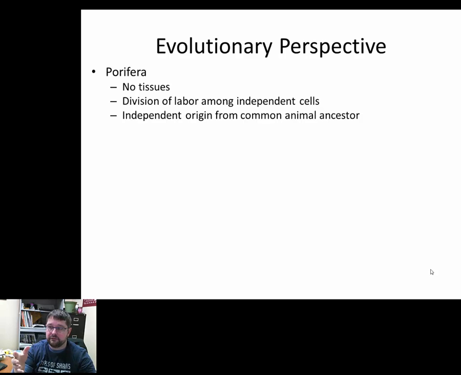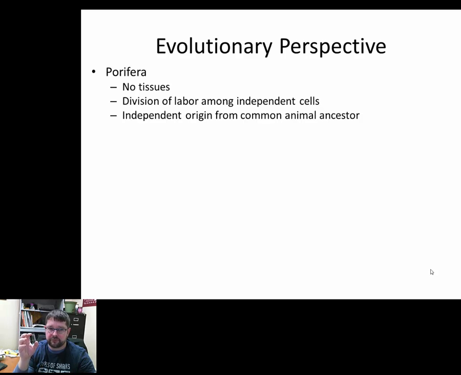Now that doesn't mean that there is not a little bit of coordination going on between cell types or even within the same cell type. There is, but because the cells are not linked and they don't work as a cohesive unit, it is not considered tissue.